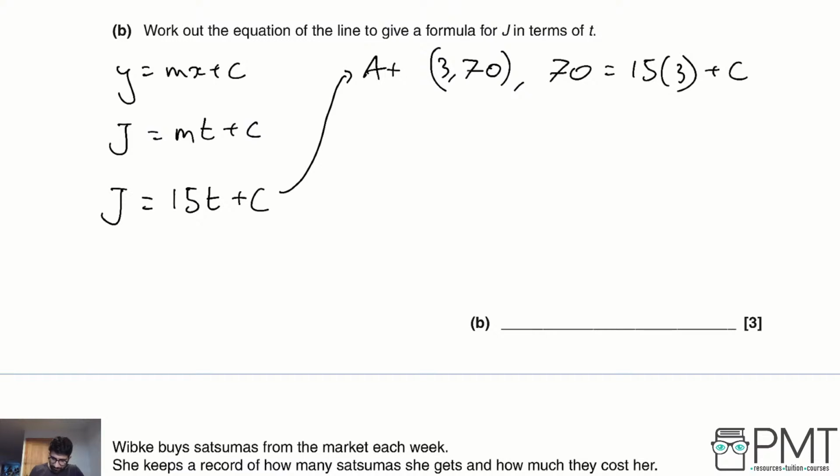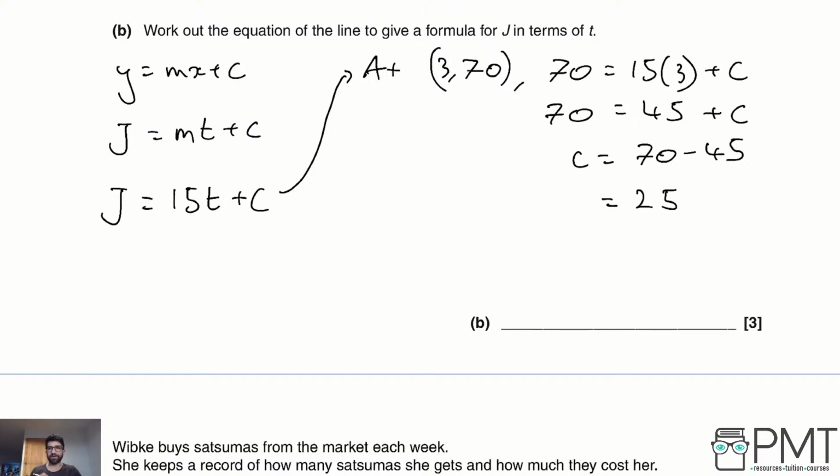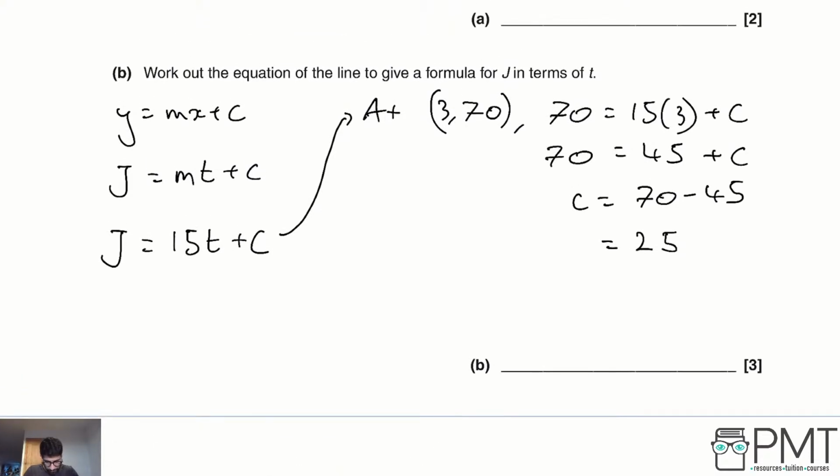So we know that this must work. So 70 is equal to 45 plus C. Make C the subject. 70 minus 45 is equal to 25. So this is how we find the value of C if you don't have a point with an x value of 0.